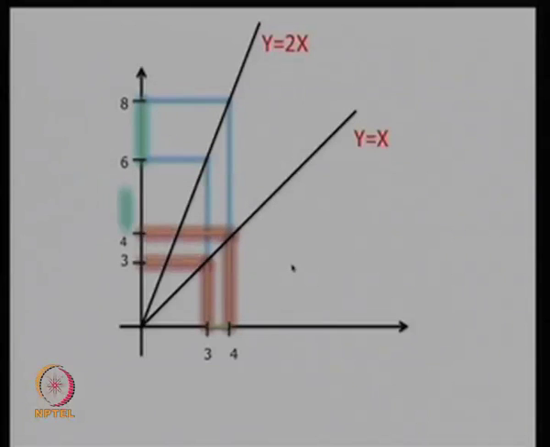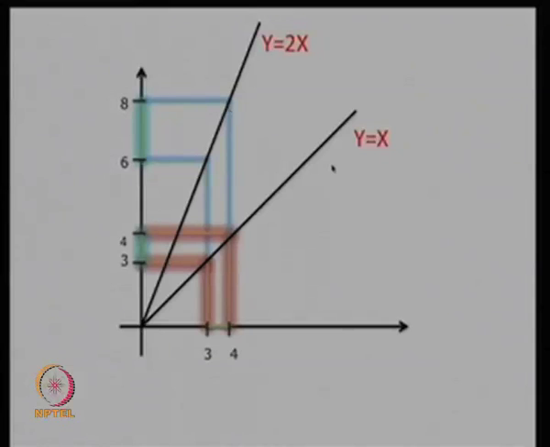You will see that y only changes by a small amount. So, you can see this is bigger than this. If x is changed by the same quantity, the change in y is more for this curve compared to this curve. So, the slope of y equal to 2x is bigger than y equal to x.